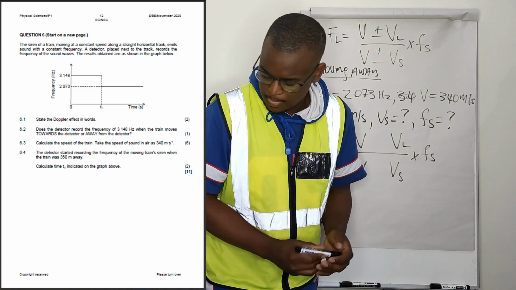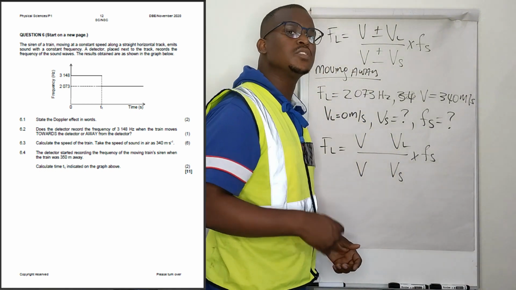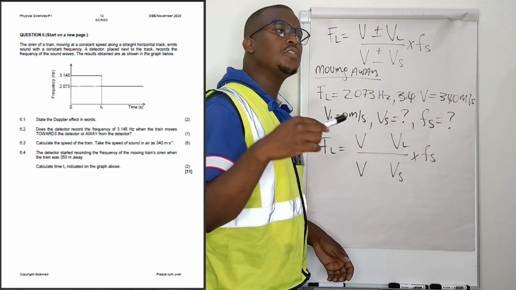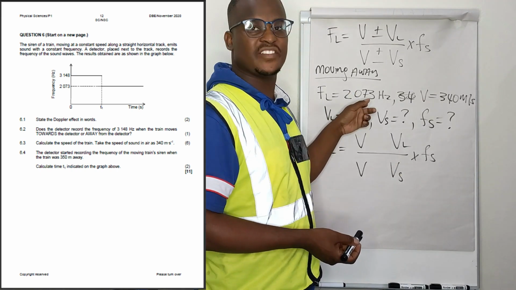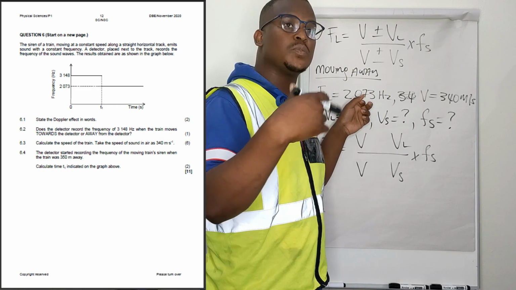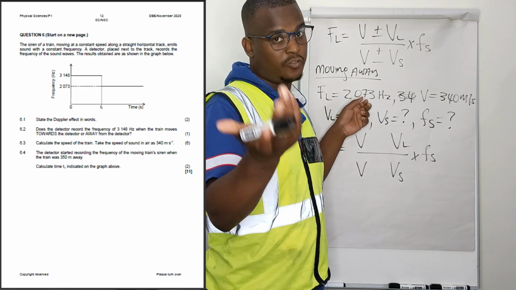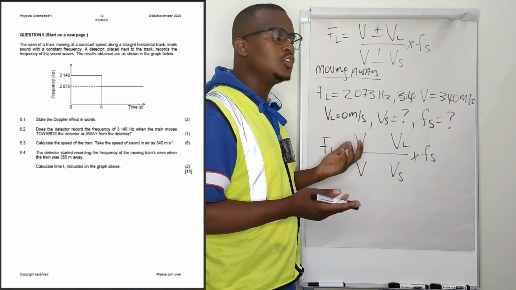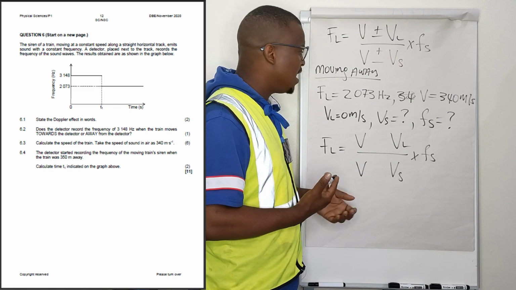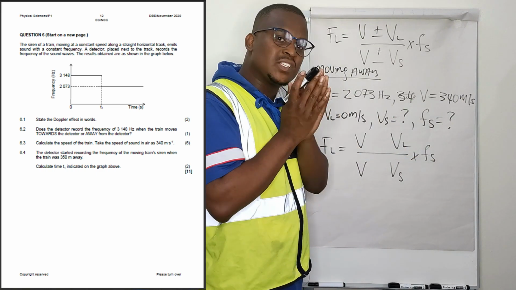So now what do we do? We're saying that the source of sound is moving away. So now the observed frequency is lower, which is why it is 2073. When the source of sound was moving towards the detector, it was higher, it was 3148. So if we want to obtain a lower frequency, we must have a bigger denominator and a smaller numerator.